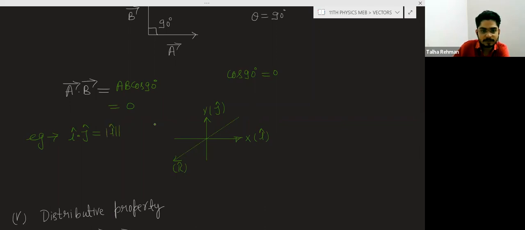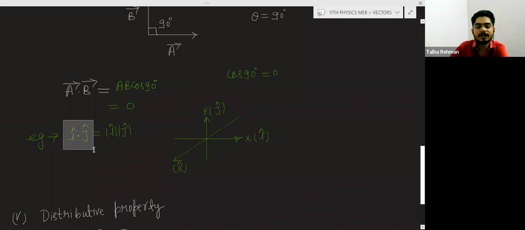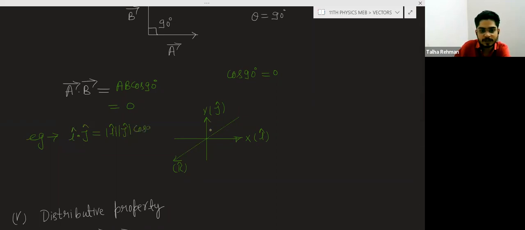Magnitude of first vector, magnitude of second vector, and cos of the angle between them. What is the angle between I vector and j vector? 90 degrees. So we write cos 90, and cos 90 is 0, so this will become 0.